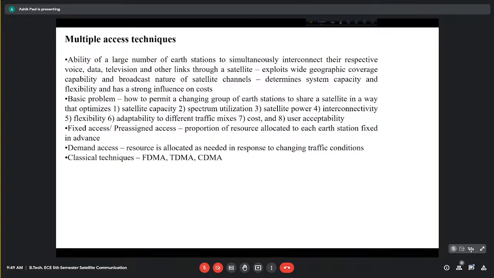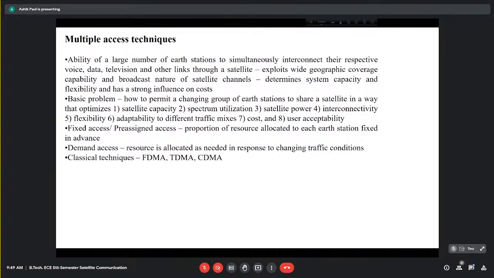So these are the two main resources which are available, and we could either allocate a fixed proportion of these resources to each particular Earth station well in advance, or the modern concept is that this resource is allocated as and when needed, in tune with dynamic traffic condition.